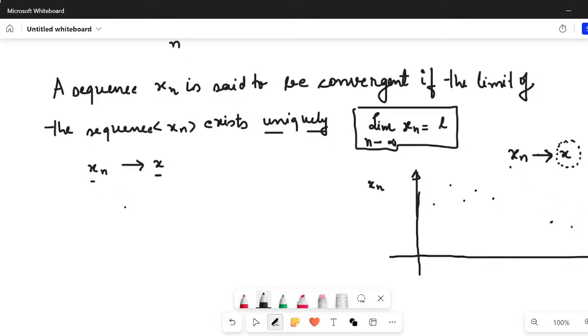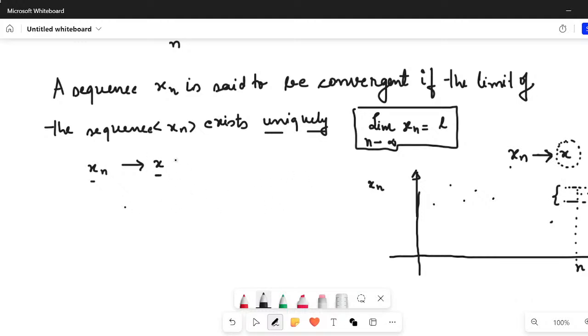Now after some natural number you find that all the points are coming somewhere very close, so you will say that after certain natural number the points are getting accumulated in some width. Okay, you are able to find that these points are getting accumulated within a width. Okay, so what do I mean, what do I want to say?